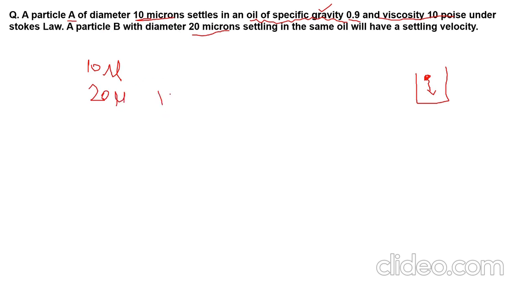Based on Stokes law, you have a relation which says that the terminal velocity is equal to some function of diameter square, some function of viscosity of the medium, and something like the density of the fluid minus the density of the material. But because we are talking about the same oil, the density will be constant here.